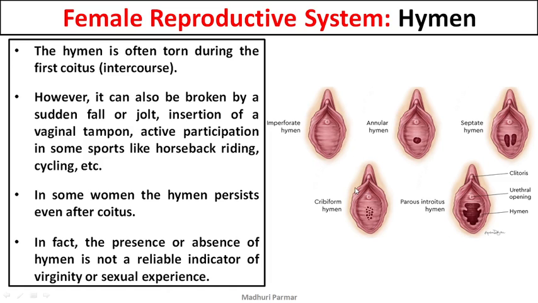So it is not a reliable indicator of virginity or sexual experience, which, again, as I said, is a social construct. In this patriarchal system, it is just a social construct that has been brought up. In a biological sense, it is not of any importance.